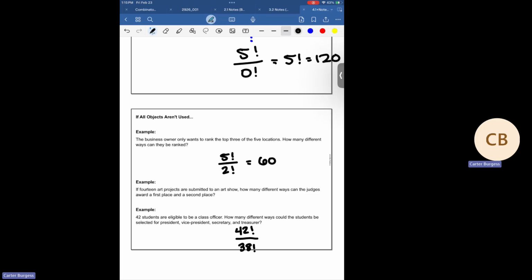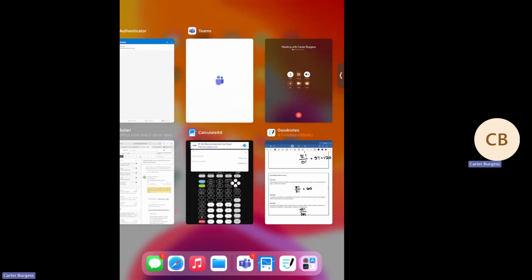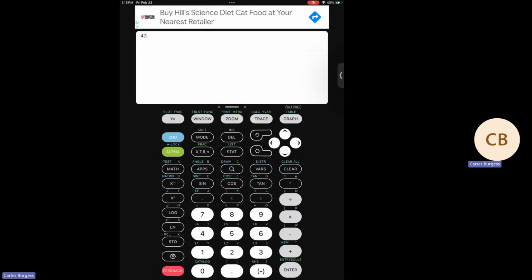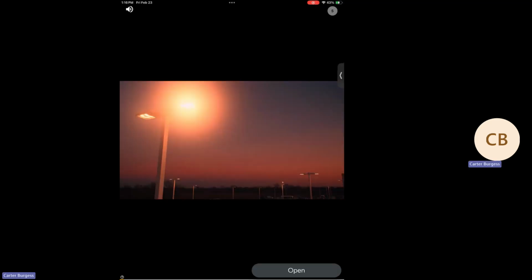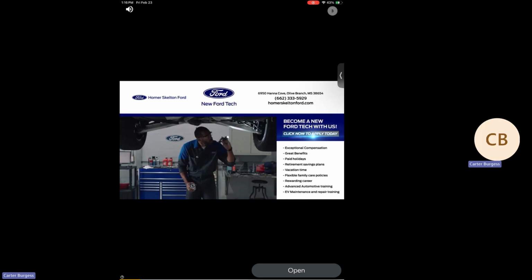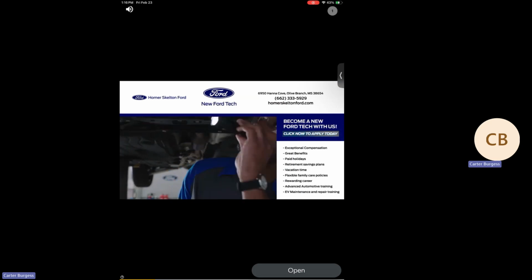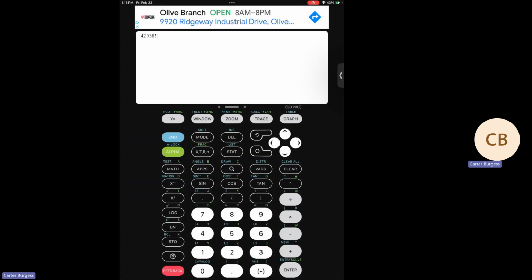42 factorial divided by 38 factorial. We could compute that directly. That's not too difficult to do. But we can also just go 42 factorial divided by 38 factorial equals an error. I don't know what is up with today.